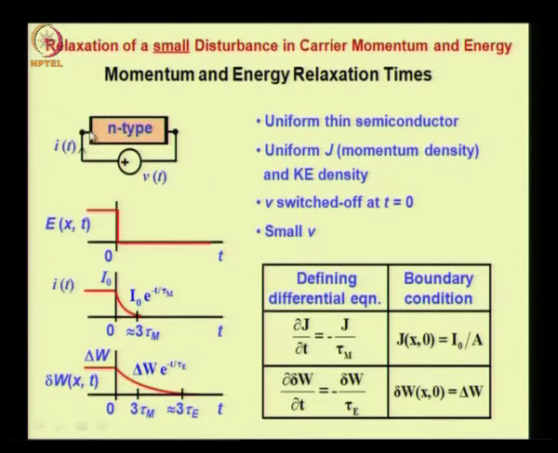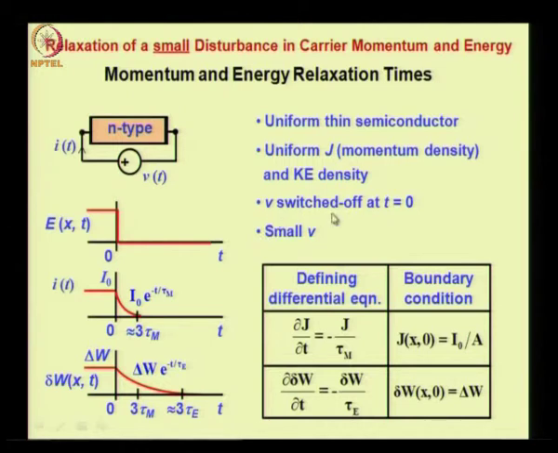So you apply a signal, a voltage, to a uniform semiconductor, and this voltage is suddenly stepped from a non-zero value to 0 at t equal to 0. So V is switched off at t equal to 0. It is this V that creates directed momentum and energy for carriers that is more than the equilibrium value.